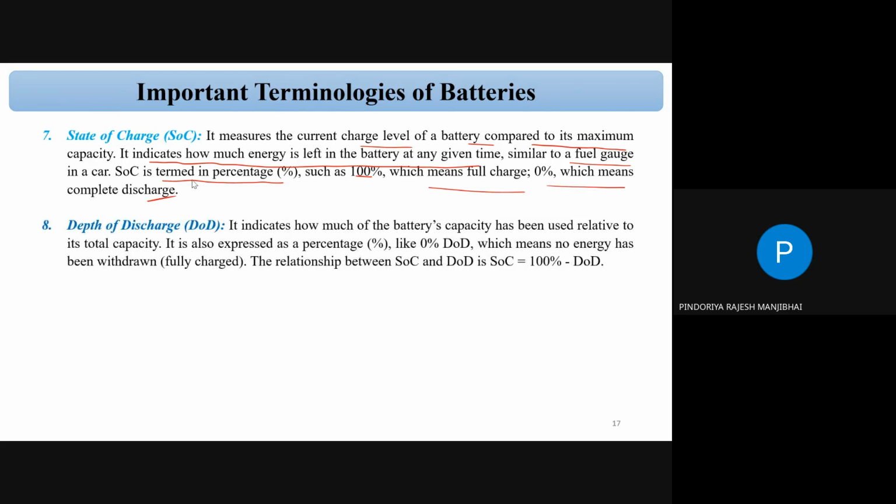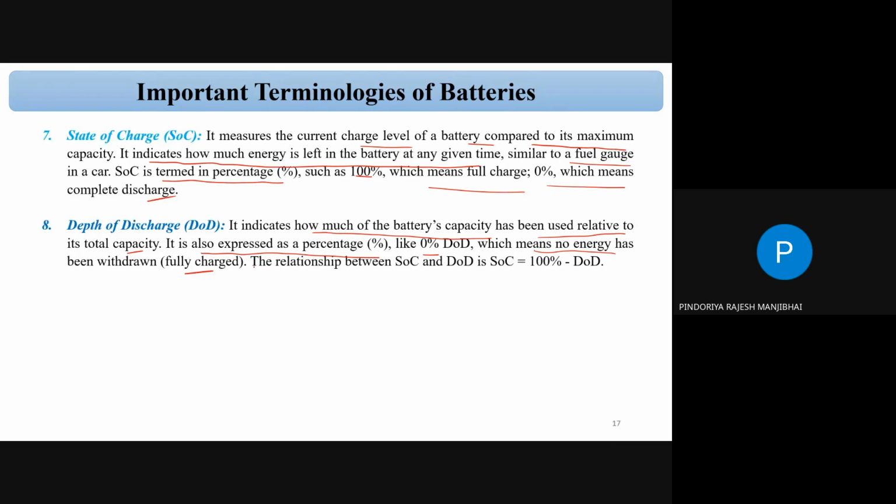Depth of discharge is just the opposite of the SOC. It indicates how much of the battery capacity has been used relative to its total capacity. It is also expressed as a percentage, like 0% depth of discharge, which means no energy has been withdrawn, that is, fully charged.